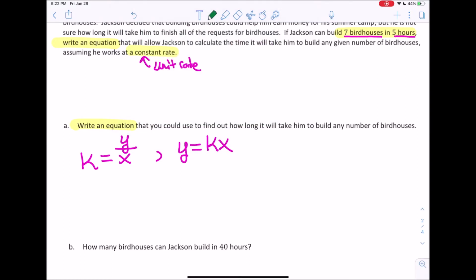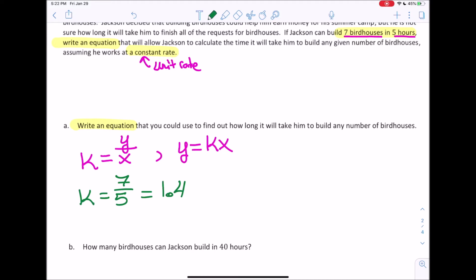We have 7 birdhouses in 5 hours. We want to know how many he can build in 1 hour. So k is going to equal 7 divided by 5. And if you do 7 divided by 5, you get 1.4. So in 1 hour, he can build 1.4 birdhouses.